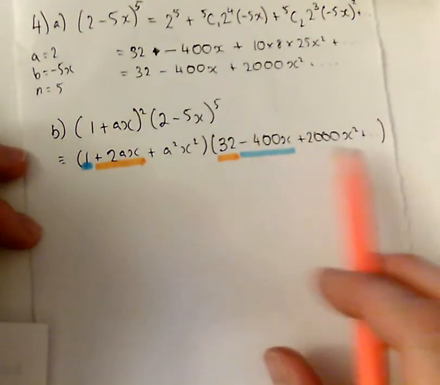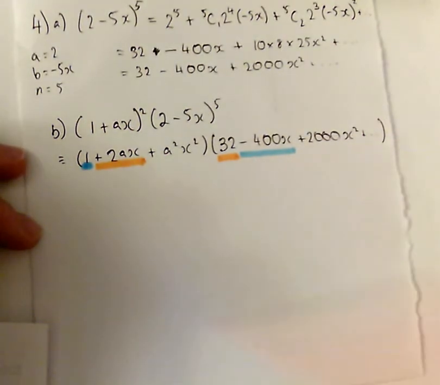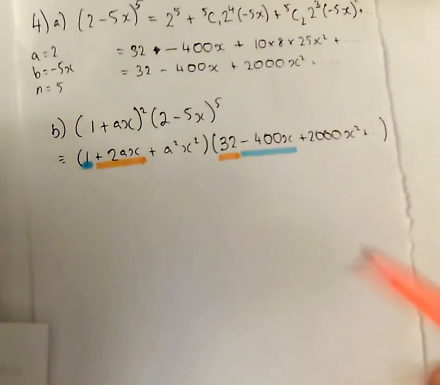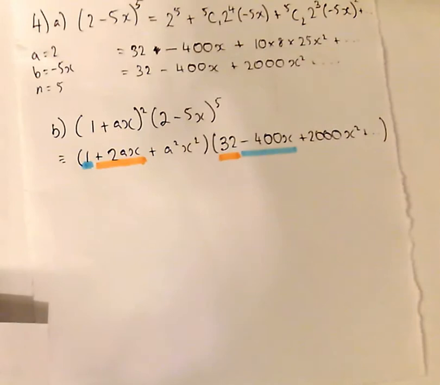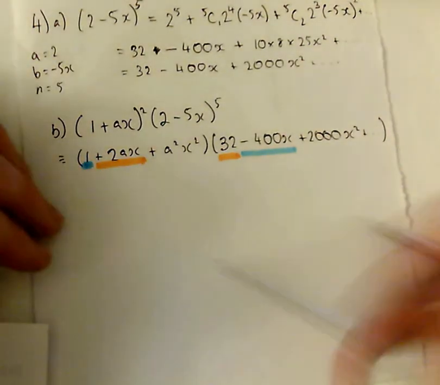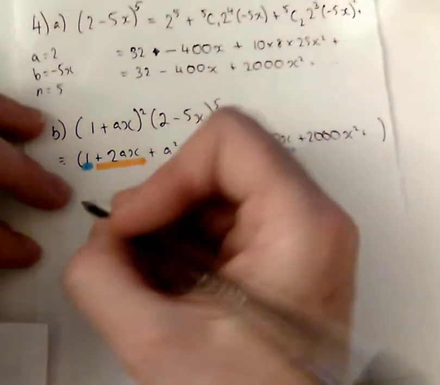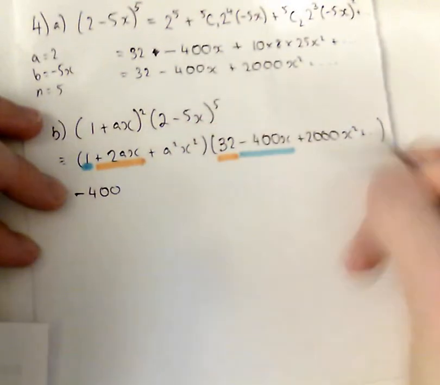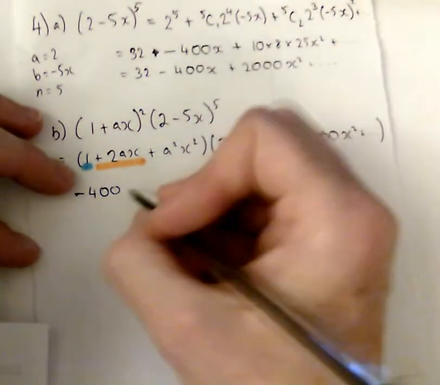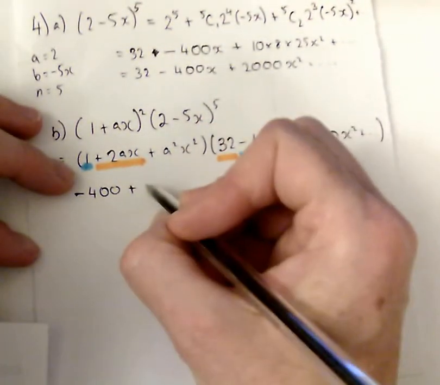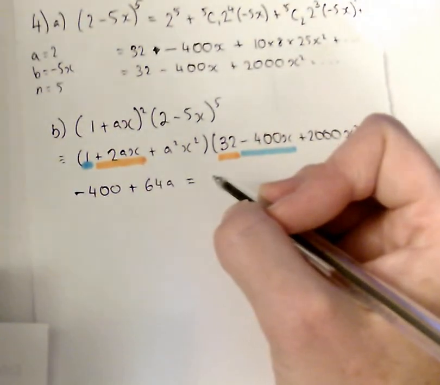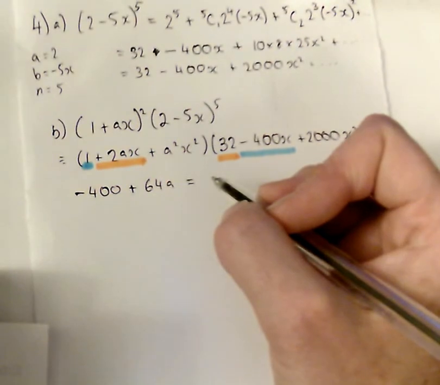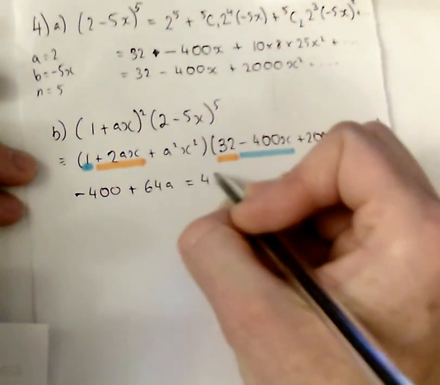But any of the other multiplications, any other combination will give us a higher power of x, or just 1 times 32, so 32. So from that, that means we have got negative 400x plus 2a times 32, so 64a. And that has to give us the coefficient of x, which we're told in the question is 48.